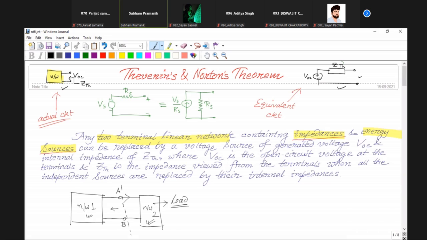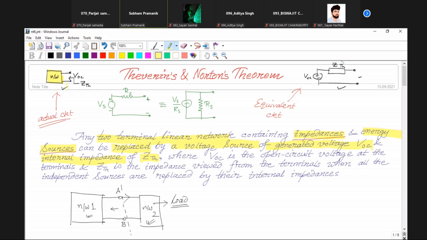We find the corresponding equivalent circuit and then we do the further analysis. So what is that analysis? It says that any two-terminal linear network containing impedances and energy sources can be replaced by a voltage source of generated voltage VOC and internal impedance of ZTH.